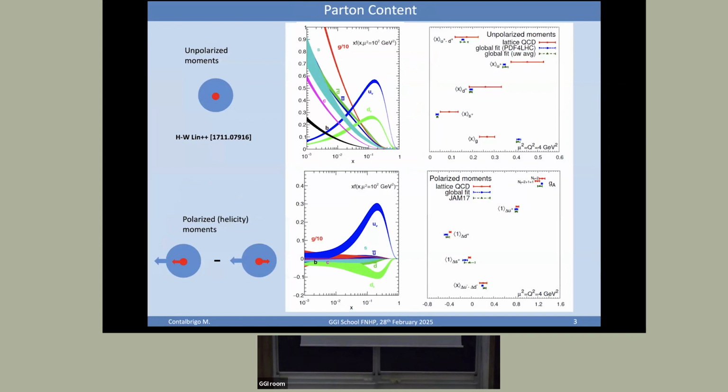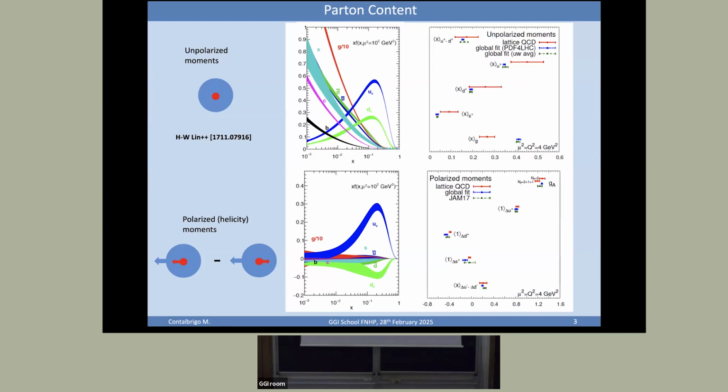and provides some information on the number density of the quarks within your nucleon. We have a pretty, I would say, decent description of the unpolarized number density, and also polarized, in this case longitudinal, the helicity one, that is along the momentum, that is essentially the direction that is defined by your probe.